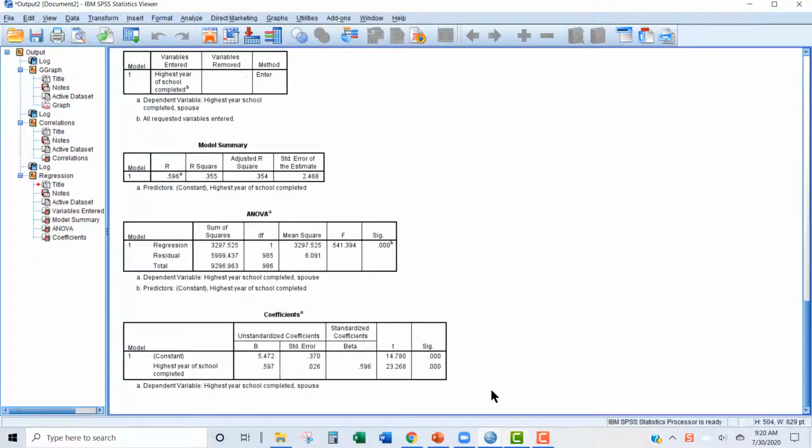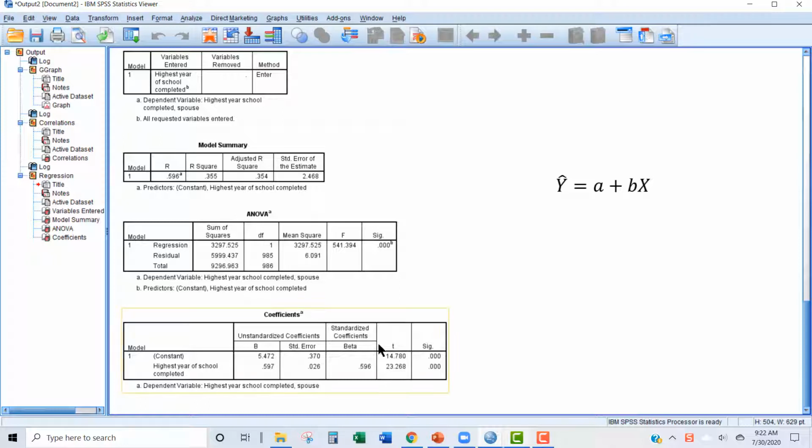And then our last table right here, here we see, is it a positive relationship or negative relationship? Here we can see that the coefficient is 0.597, so it's positive. So that indicates a positive relationship between the two. So one goes up, the other one goes up, one goes down, the other one goes down. And then lastly, we want to plug all these coefficient values into a regression equation. So remember, the general one is that y hat, so the prediction equation, is a plus bx, where a is the constant.